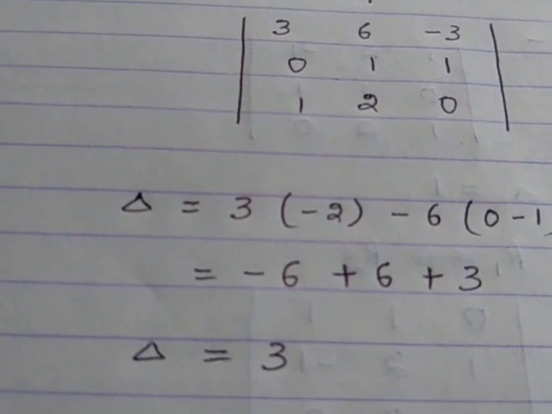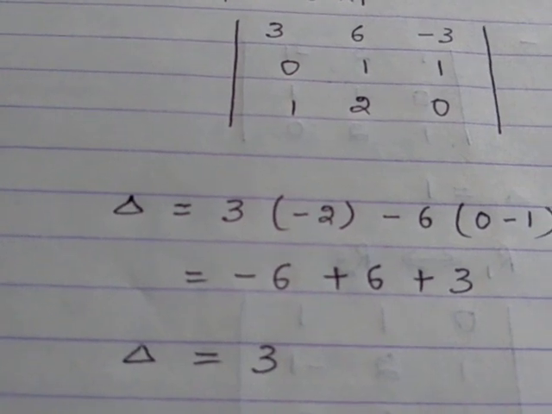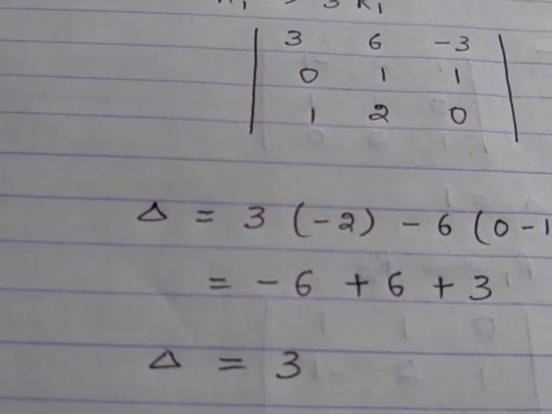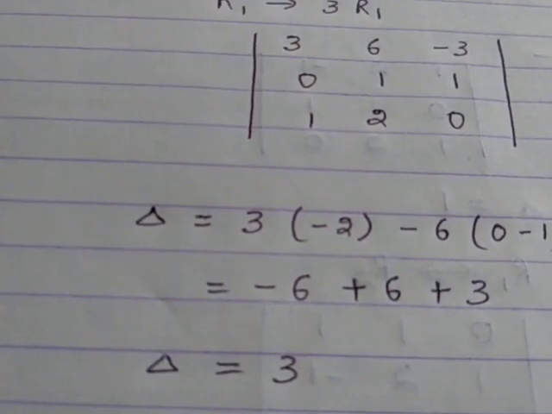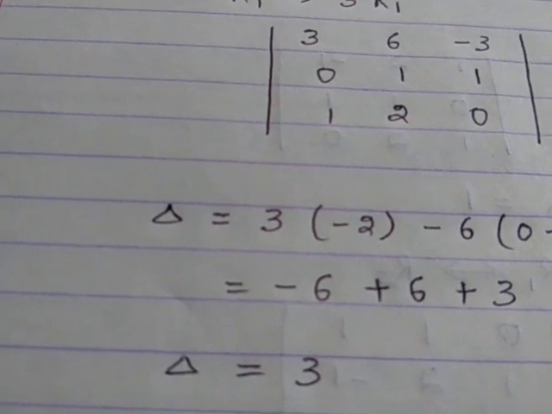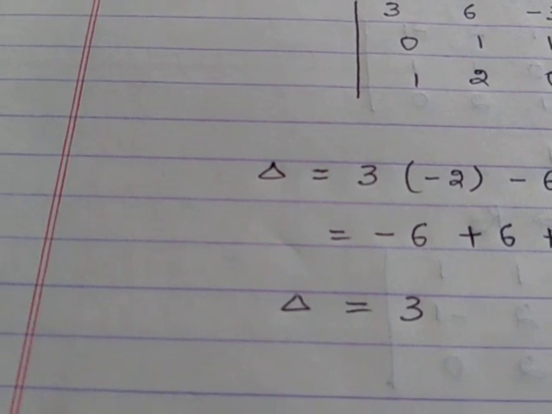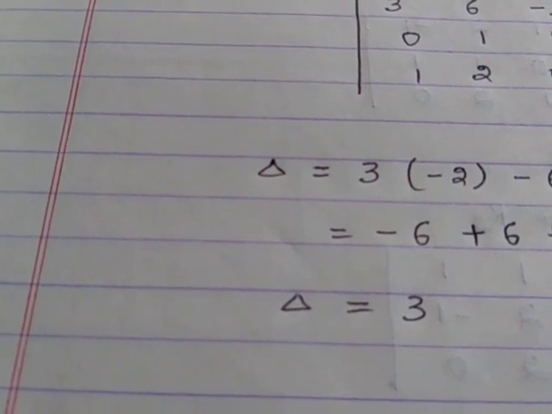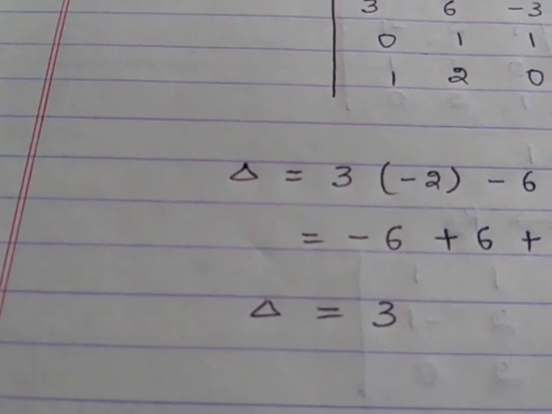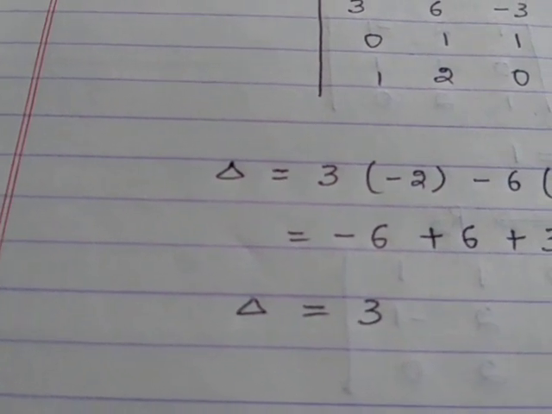Any one row or any one column. And the second remark is, if corresponding elements of any two rows or columns of a determinant are proportional, then its value is 0.